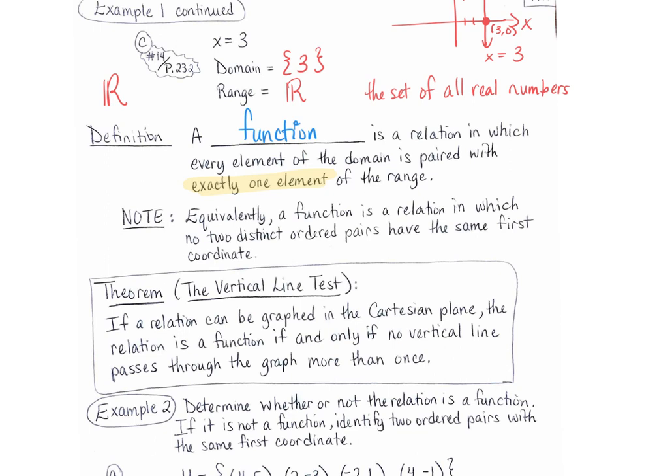Equivalently, a function is a relation in which no distinct ordered pairs have the same first coordinate. That's another way of saying this. Every element of the domain is paired with exactly one element of the range. No two distinct ordered pairs have the same first coordinate.